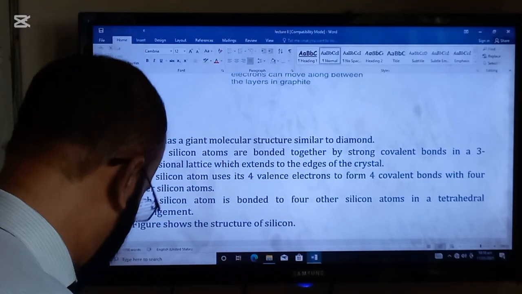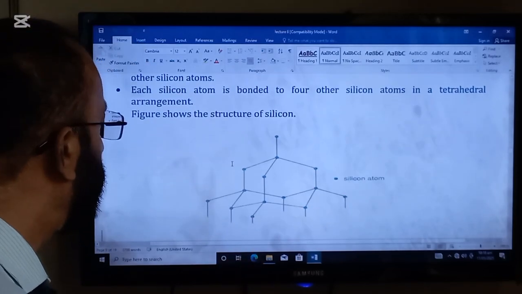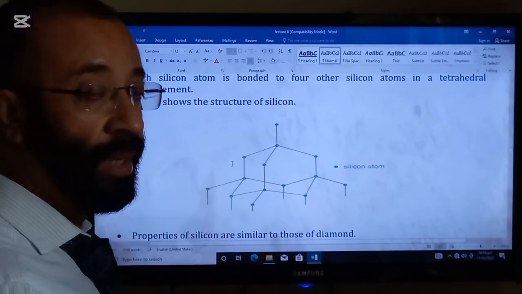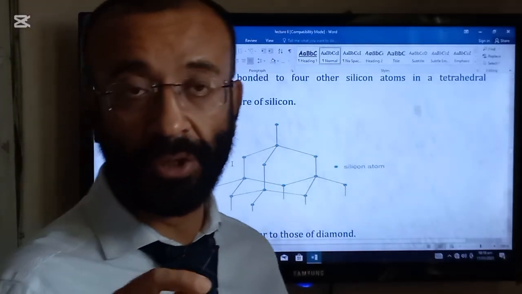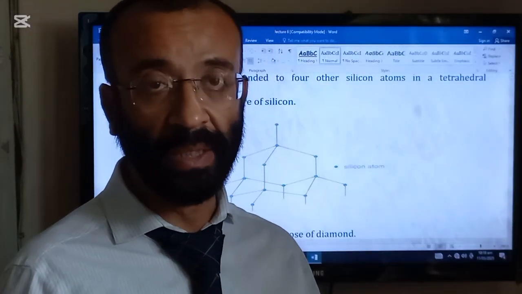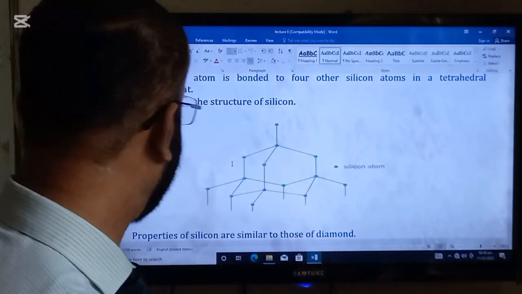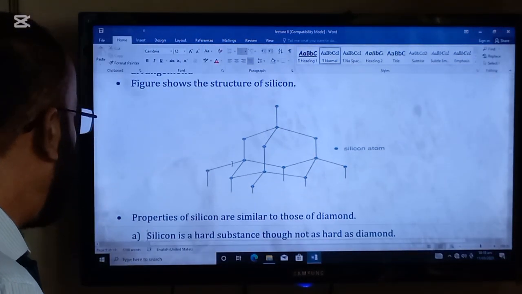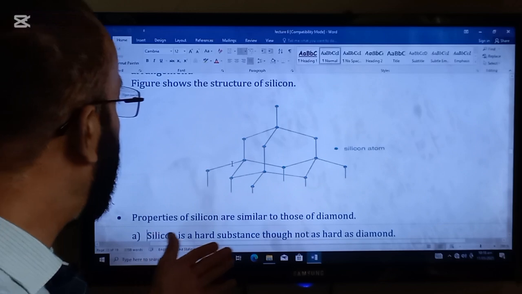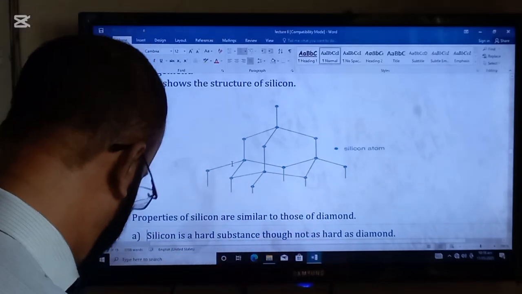The figure shows the structure of silicon. Here is the structure, and you have to learn how to draw it, because in the paper you normally have to draw the structure of silicon. Properties of silicon are similar to those of diamond.